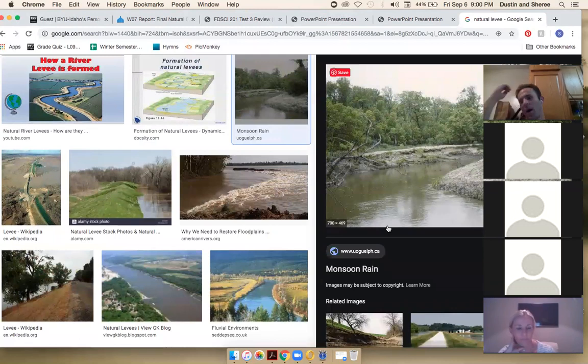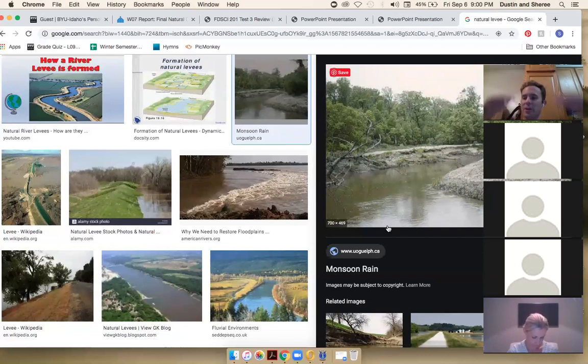And basically what happens, and you don't need to know how levees are made naturally in great detail, but essentially the river is going to start flooding, and as it flows over the banks, the water is going to flow slower. As the water flows slower, it's not going to have as much energy or strength to carry the bigger particles of dirt and sand and clay.